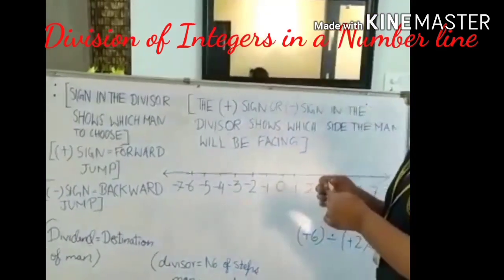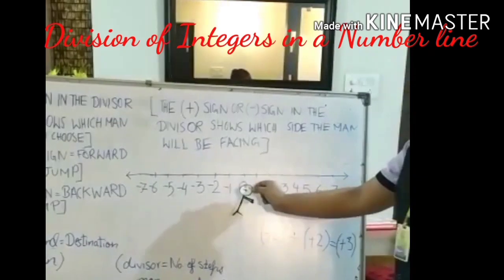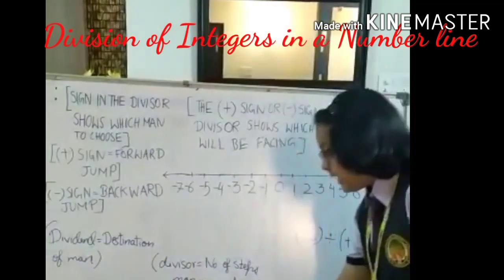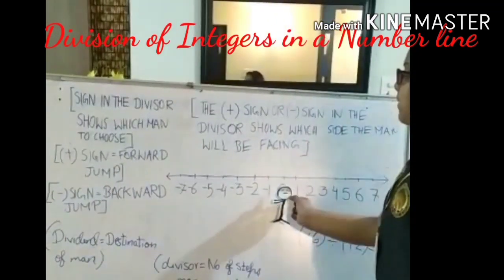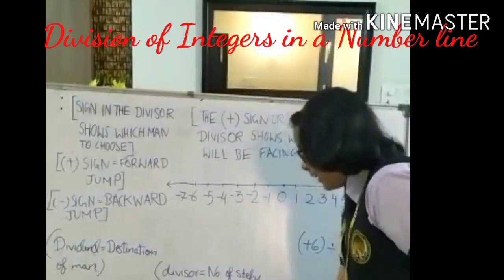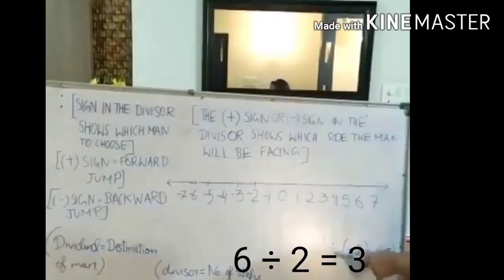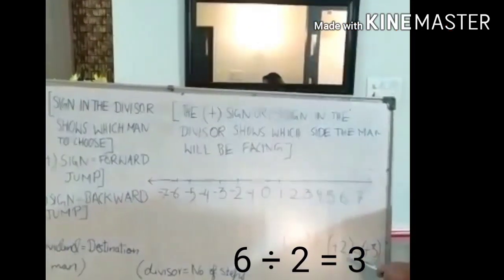So, we have got a positive man here who's always facing the positive end of the number line and a negative man here who's always facing the negative end of the number line. Let's take an example. A positive 6 divided by a positive 2.